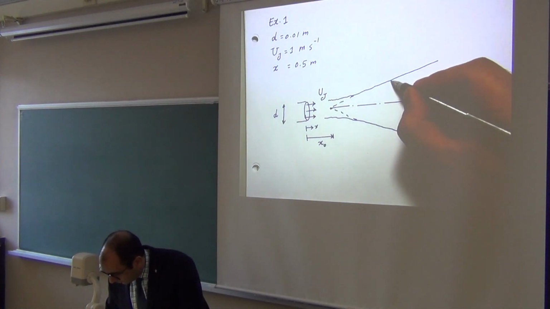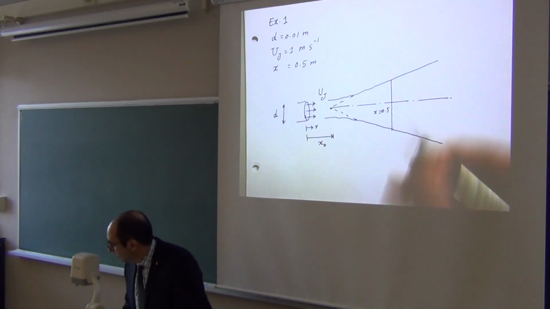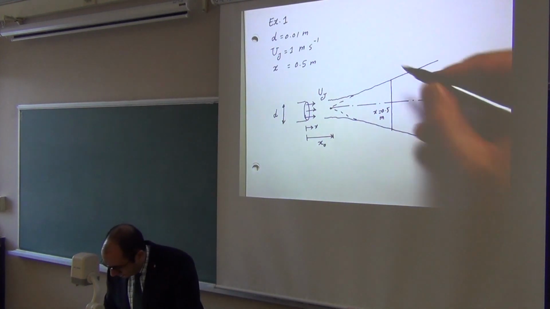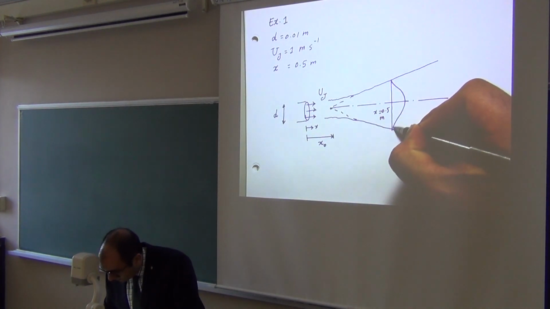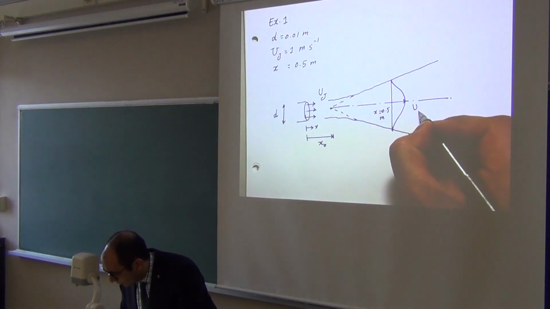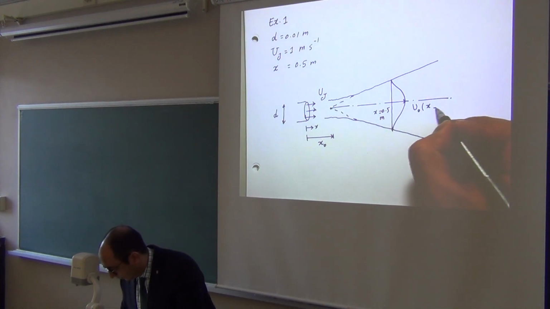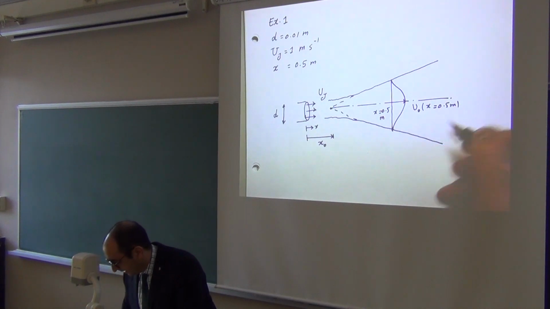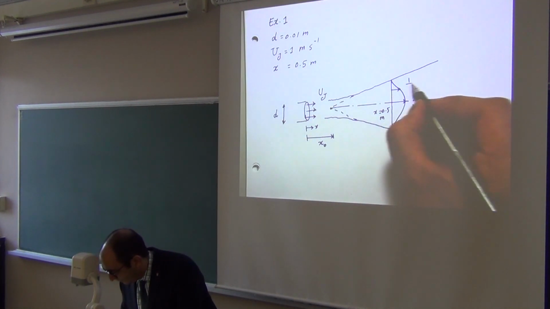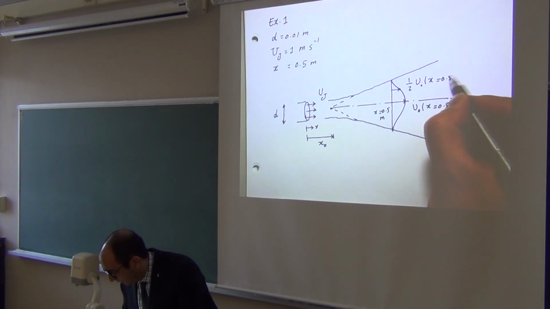I'm interested in a location x equal to 0.5 meter. So that's the point of interest. And the jet is going to exhibit some profile. At the center, it's going to have mean velocity u naught at x equal to 0.5 meters. And here it's going to exhibit half of u naught at x equal to 0.5 meter.